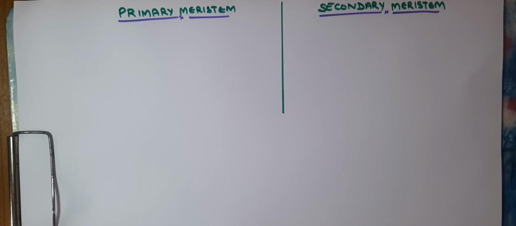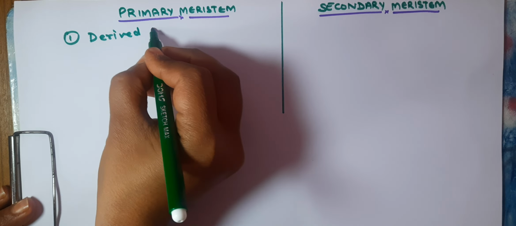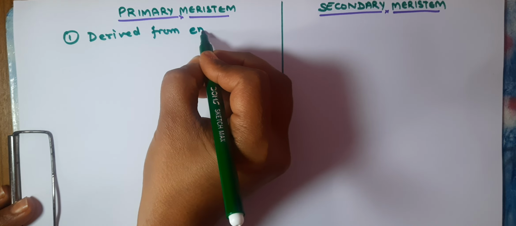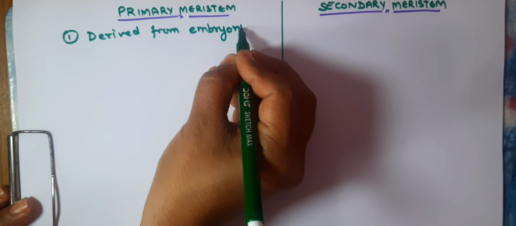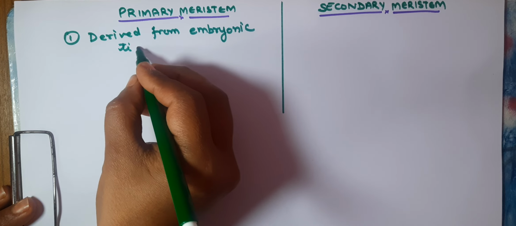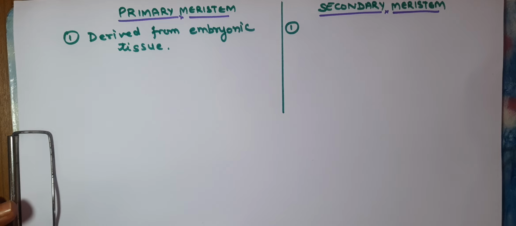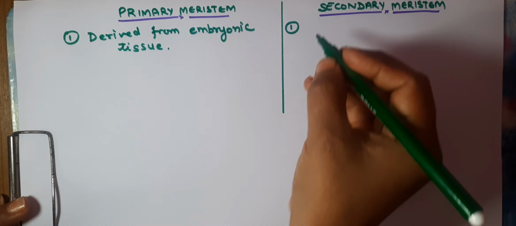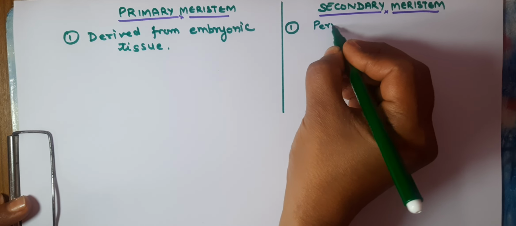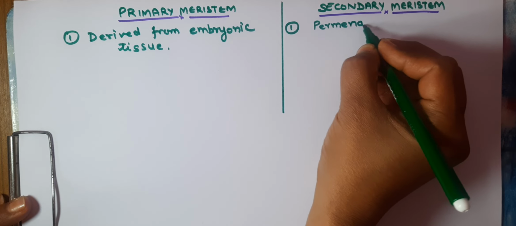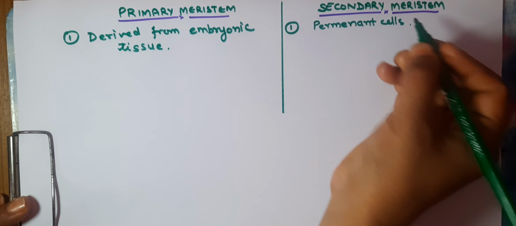So I already told you that there are two kinds of meristem, the primary and the secondary meristem, and this classification is based on their origin. The primary meristem is derived from embryonic tissue, whereas the secondary meristem is derived from the meristem of permanent cells.